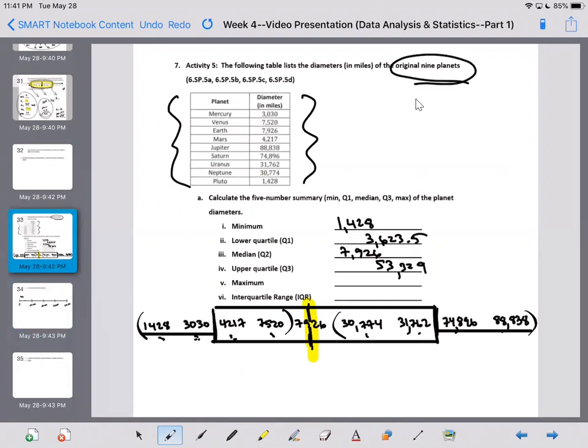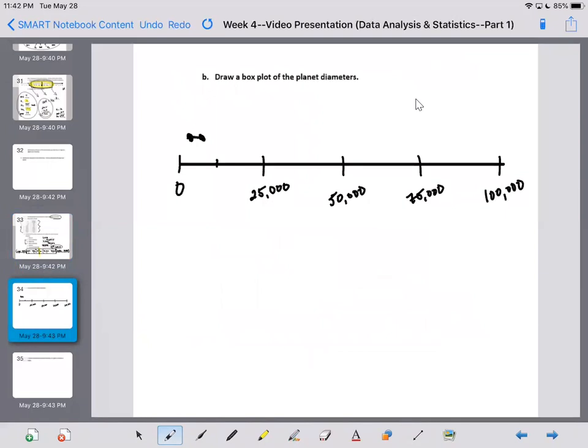The maximum was 88,838, and then the interquartile range is taking these two and subtracting them. So you should get 49,705 and a half. That just means that 50% of the data has almost a 50,000 mile range. So what was our median? It was 7,000. So now you're looking at somewhere around here.